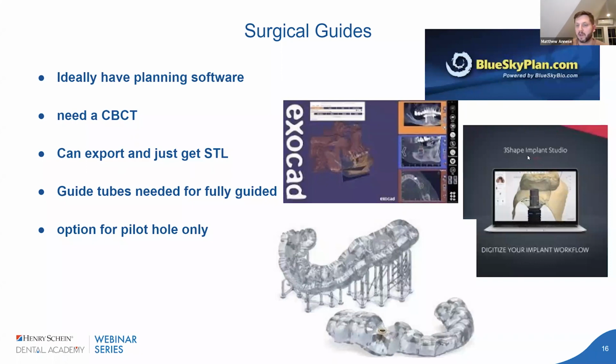For implant planning, with 3Shape we have Implant Studio as well, because of the TRIOS. With all of these, you basically take a digital scan, you plan your dental implant, and then you can make a surgical guide. It's insane how fast it is. It takes a matter of minutes. I'm using it mostly for pilot hole only, for difficult cases.